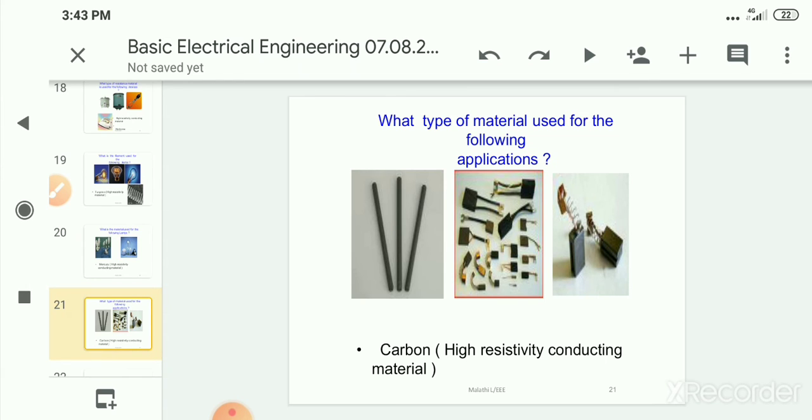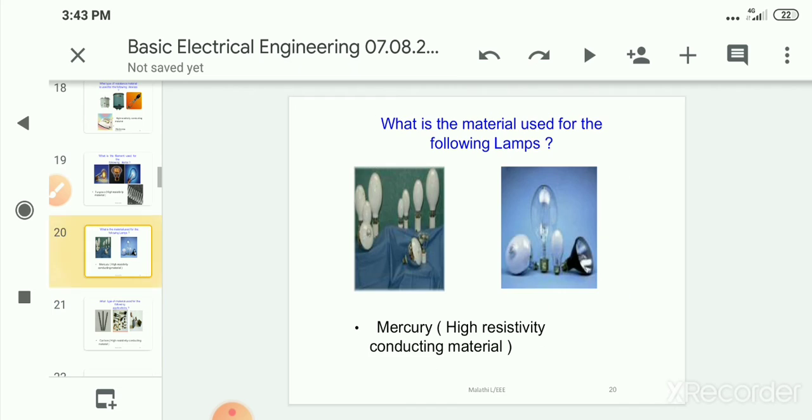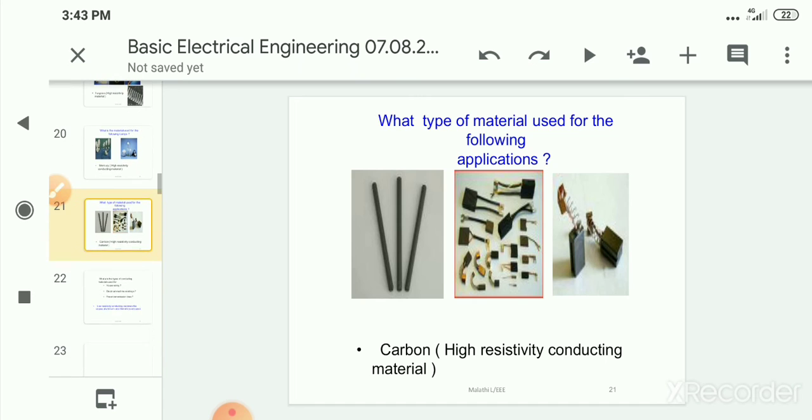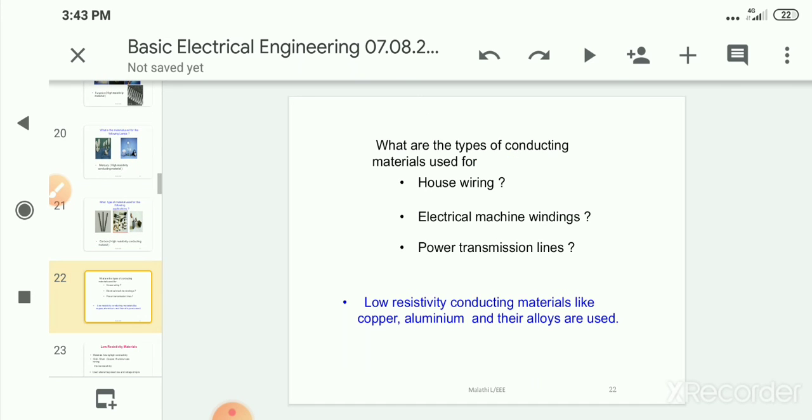Carbon: see, these are also high resistive materials. Mercury lamps are there. After that, carbon. Carbon is also used in commutator brushes, all those things.